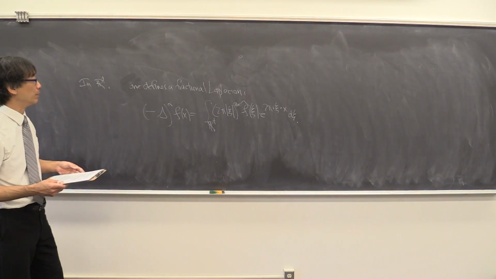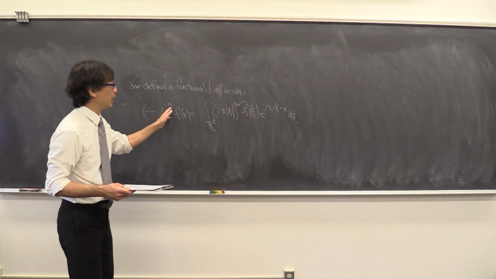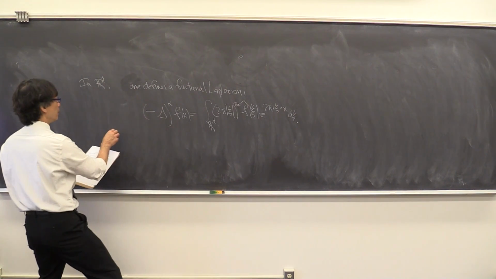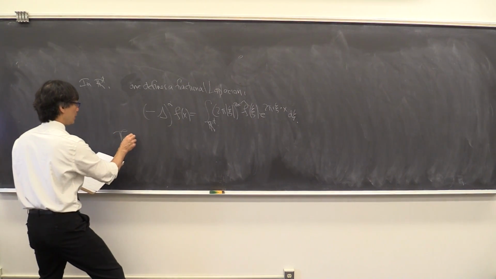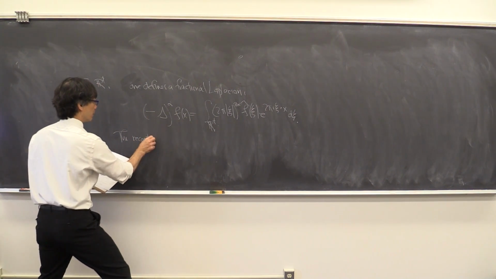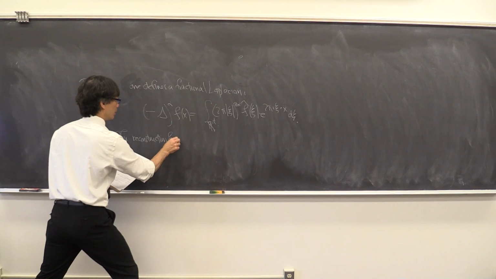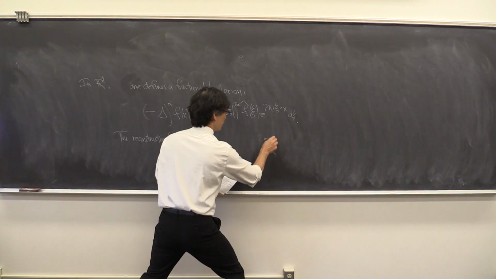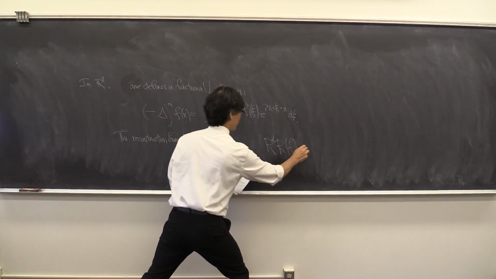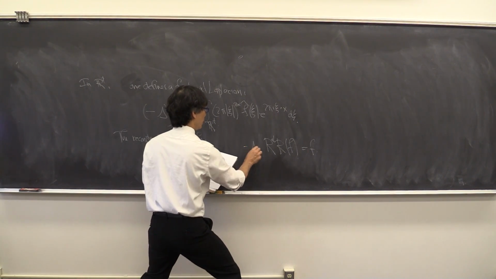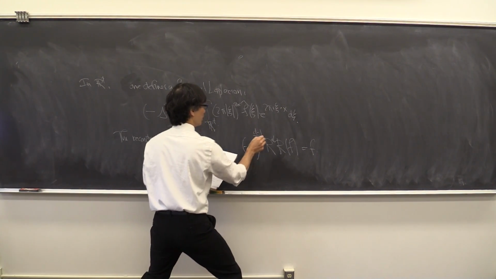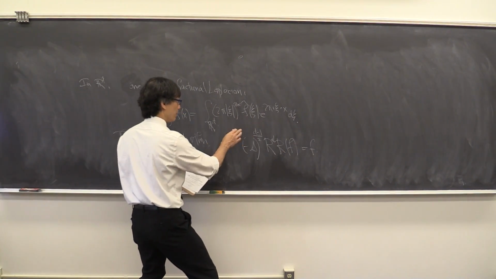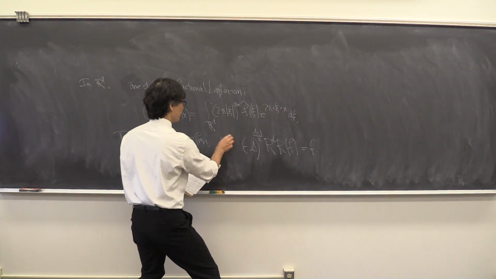So if alpha is 1, then you get your normal Laplacian, and then the reconstruction formula is then you use the dual Radon transform, but you hit it with the fractional Laplacian, the Laplacian to the (d minus 1) over 2, and then there's some constant.